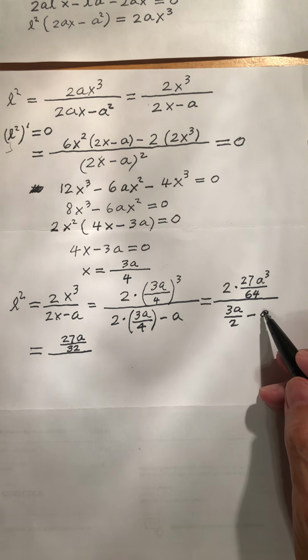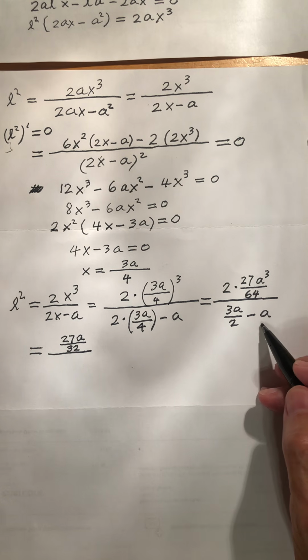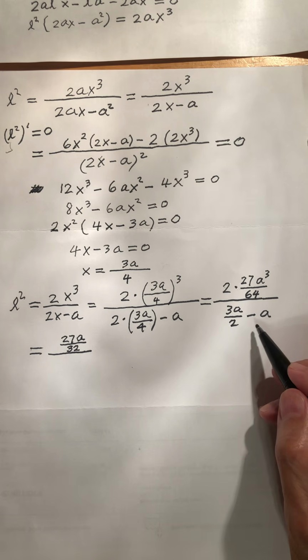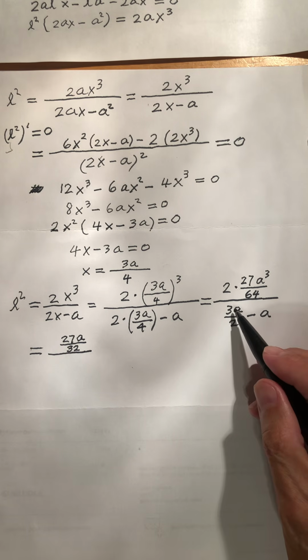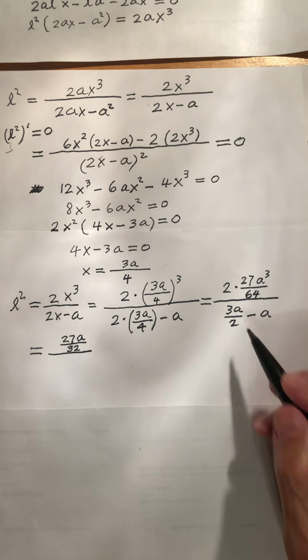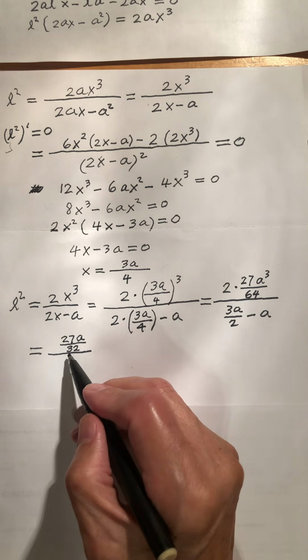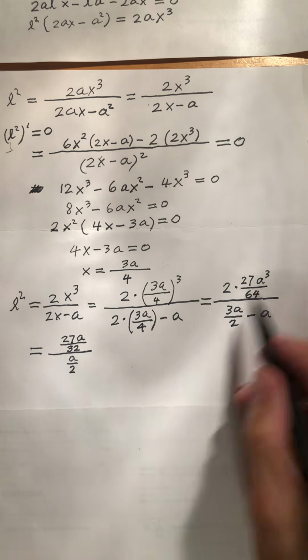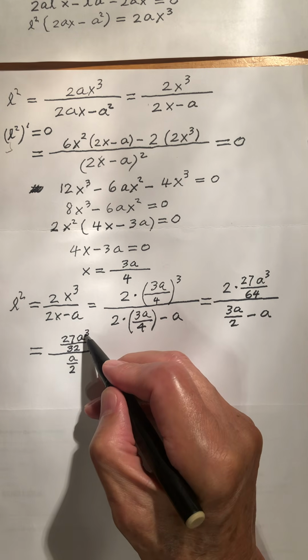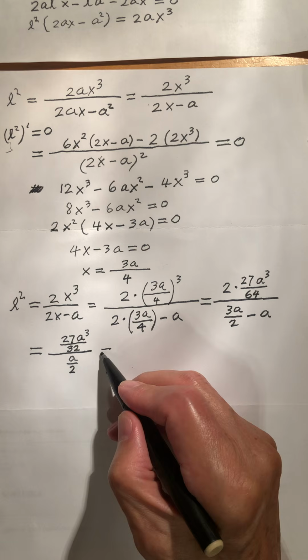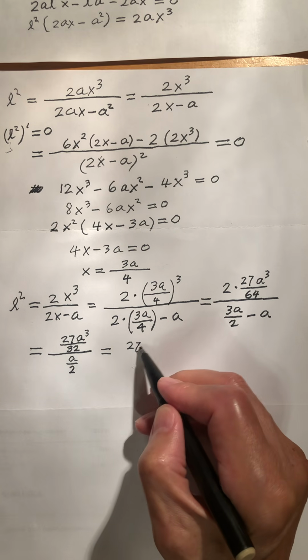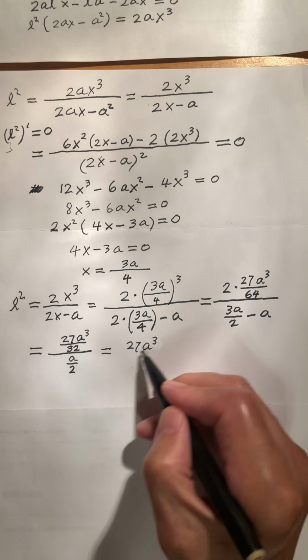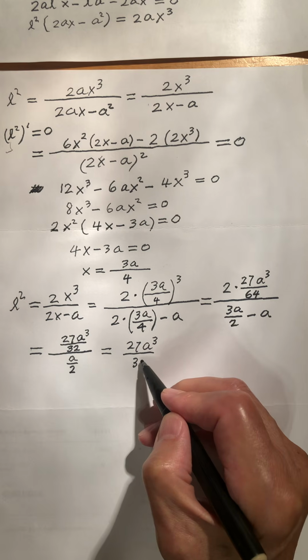A can be written as 2a over 2. So the common denominator is 2, then the numerator is 3a minus 2a is just a. So the result is a over 2. Oh, I forgot the cube. So this is equal to 27a cubed over 32.